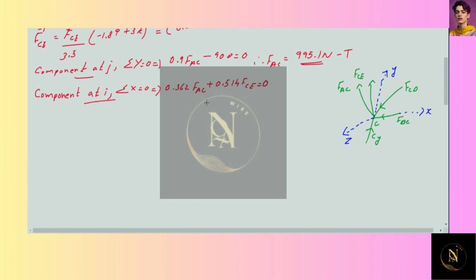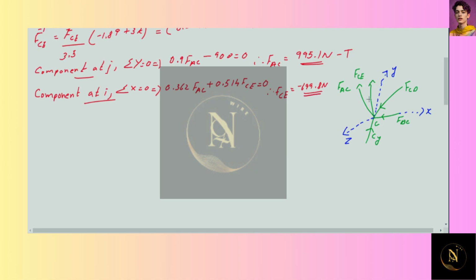So from here we know the value of FAC. Substituting the value of FAC in this equation gives you the value for FCE, that will be minus 699.8 Newton.